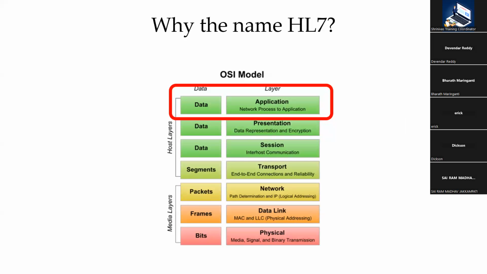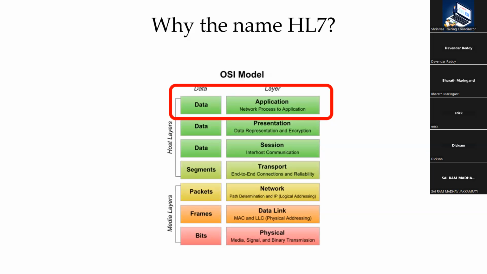So why is the name HL7? This is interesting, how the name has been coined. I'm not sure how many of you are aware of the OSI model. I'll give a little introduction, but it's a wonderful concept. If you're not aware, I would highly recommend going through the architecture of the OSI model.